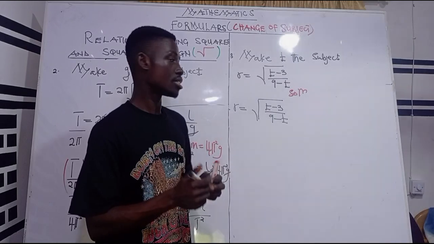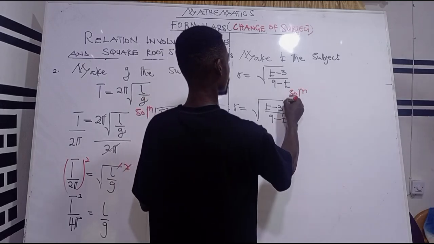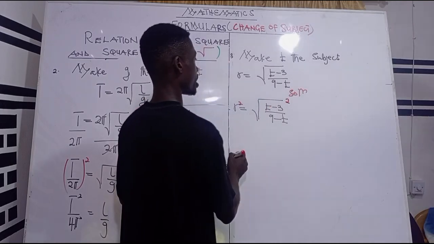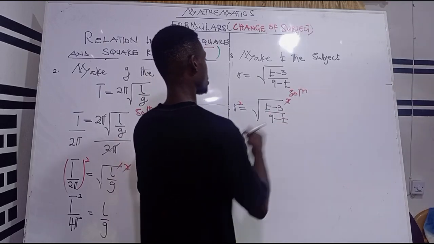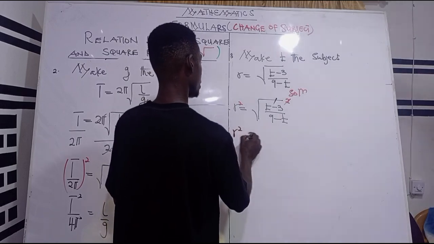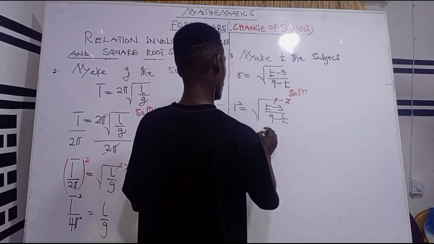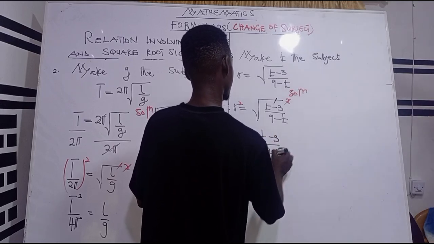The root sign. Good. So we square here, we square here. Realize that the square will cancel the radical sign. Now we are left with r squared is equal to t minus 3 all over 9 minus t.